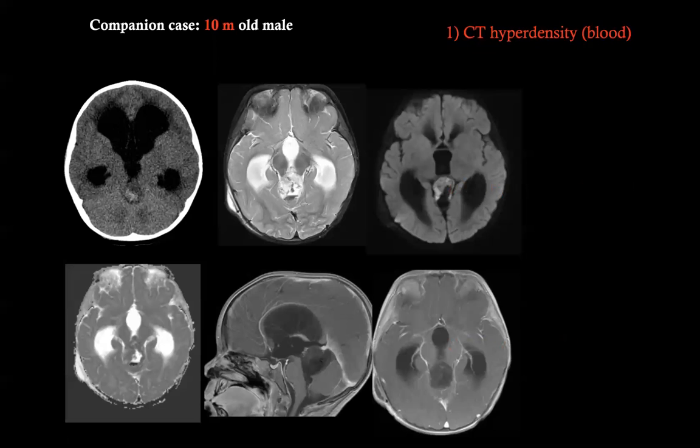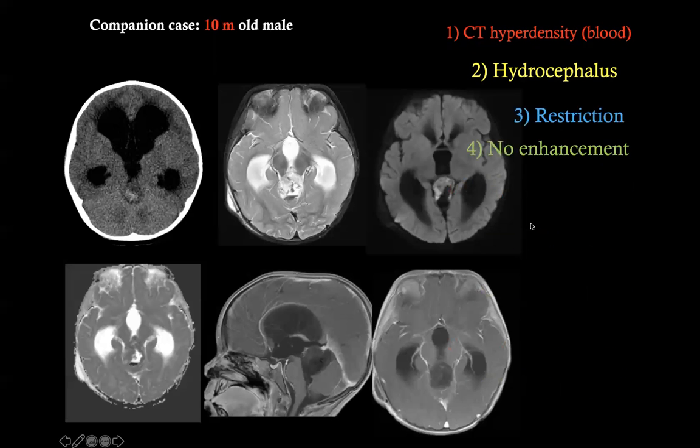So this was an ATRT, and again, I repeat the characteristics: CT hyperdensity, this was blood, hydrocephalus, restriction, and no enhancement. Remember that embryonal tumor, ATRT, sometimes medulloblastoma, especially the group 4, and almost all the ATRT have no or minimal enhancement. So that's my diagnostic pearl for this case, but you can see how similar it can look to other tumors in this location, like pinealoblastoma or even germinoma.